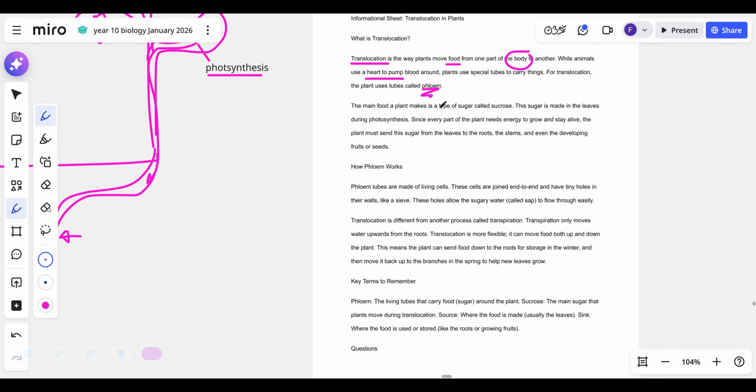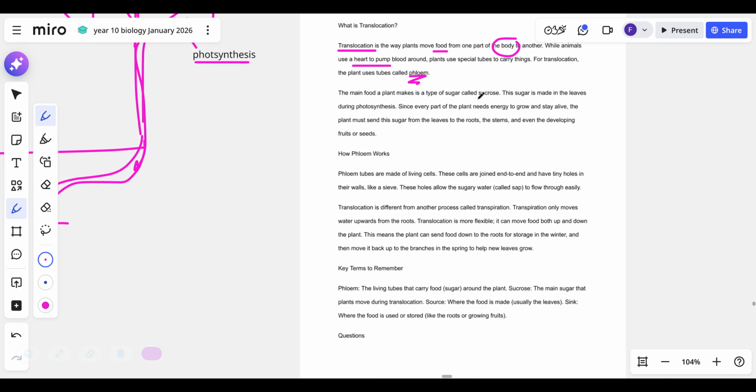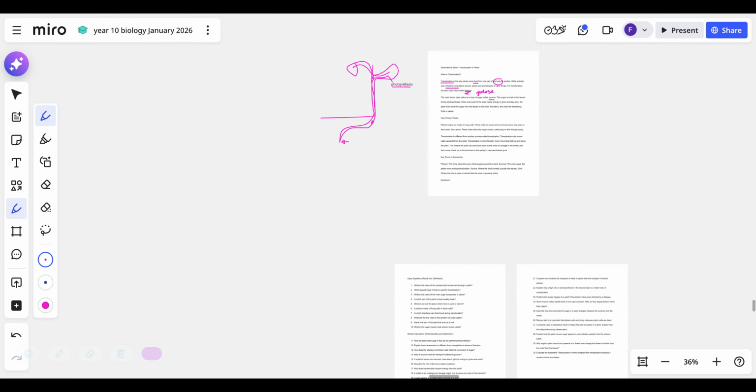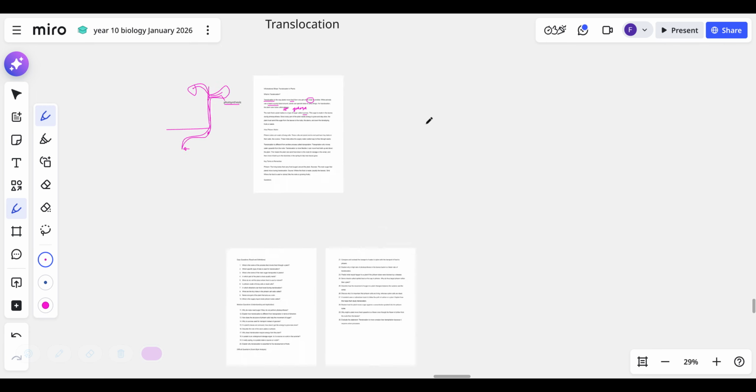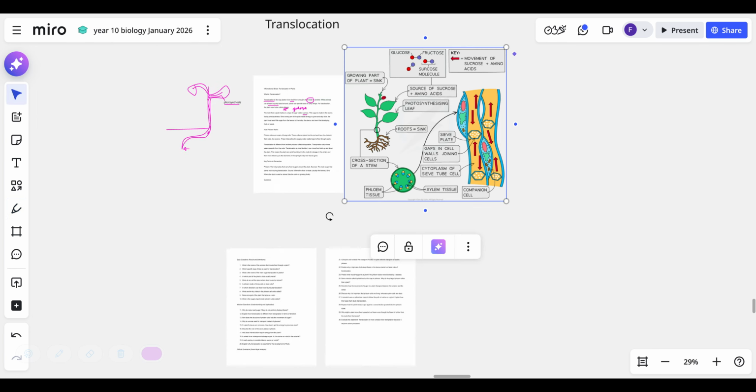What you've got to think about is that the main food plants make is, well, it actually is glucose. But what it transports and changes it into is sucrose. And this is where it gets tricky: sucrose is two sugars joined together.